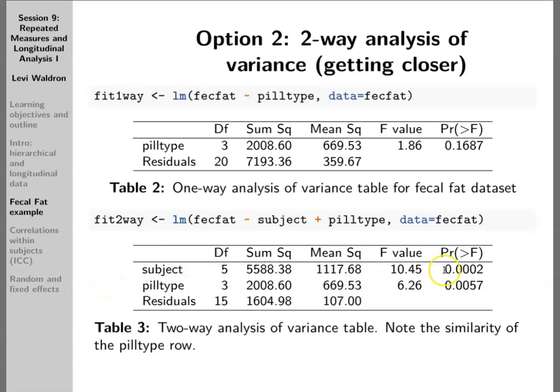And look what has happened. Now both of these p-values in this table are extremely significant. So by doing something to account for the subject effect, we actually are seeing that there's much better evidence of effectiveness of the treatment.